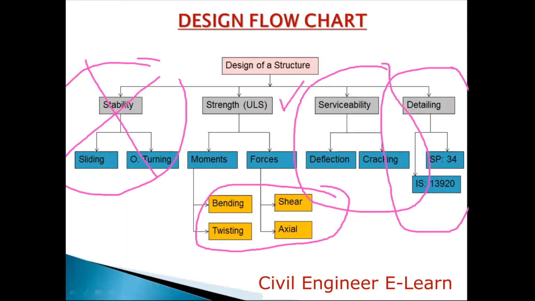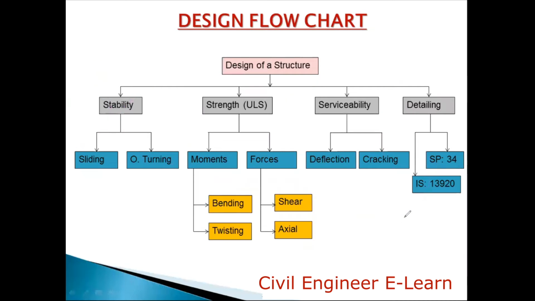It is equally important to focus on detailing requirements like conventional detailing, which is as per the SP34 code book, and ductile detailing, which is as per the IS 13920 code book, depending on the location of the structure, whether it is in a seismic zone or a non-seismic zone. We have no choice if the structure is located in seismic zone 3 or more in India.